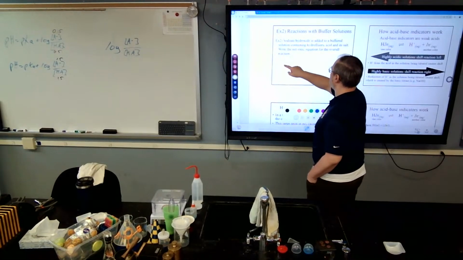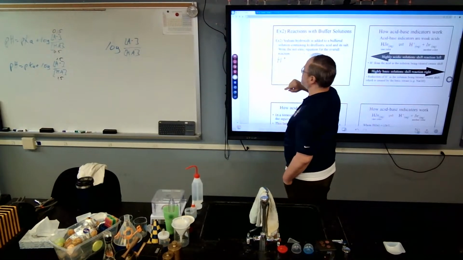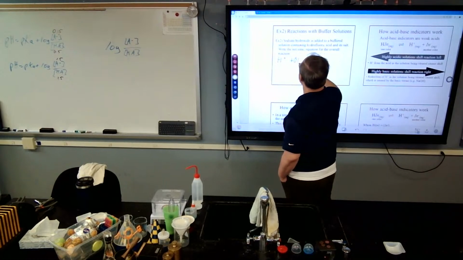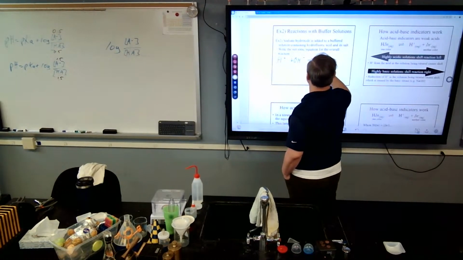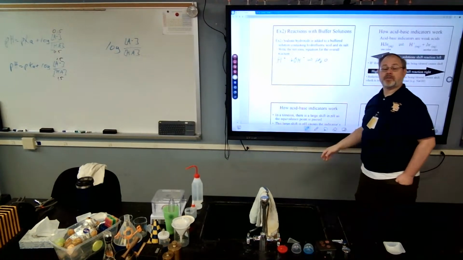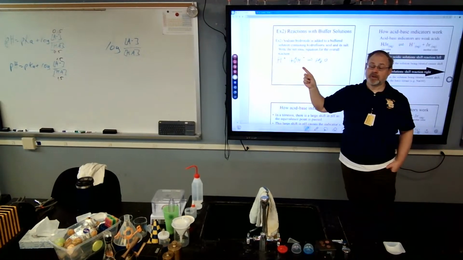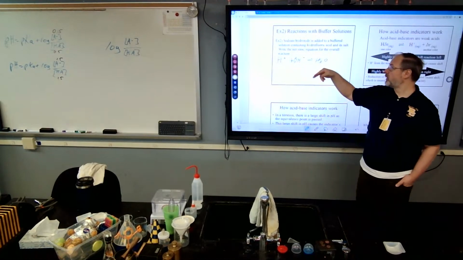H plus, or HA plus B. Yeah, the net ionic equation is always just that. For a strong acid and a strong base, the net ionic equation is always just H plus OH minus makes H2O.